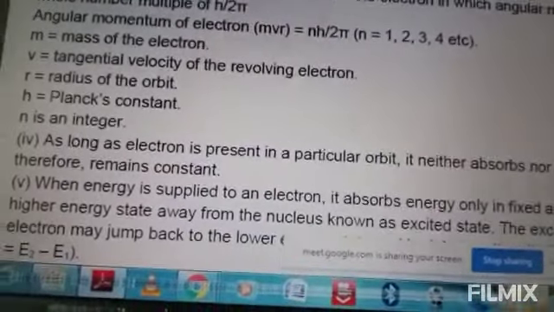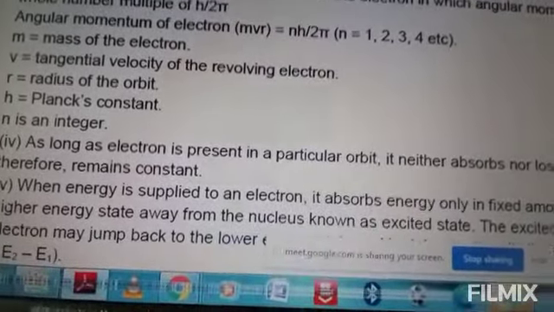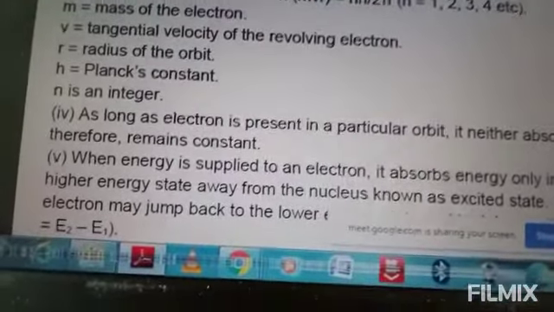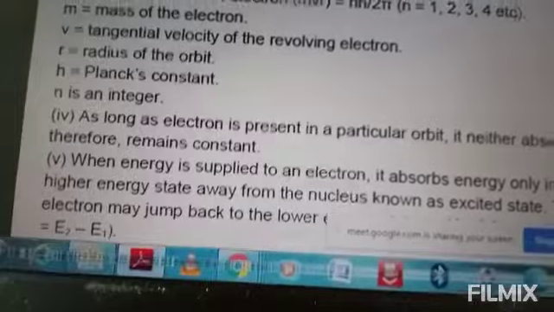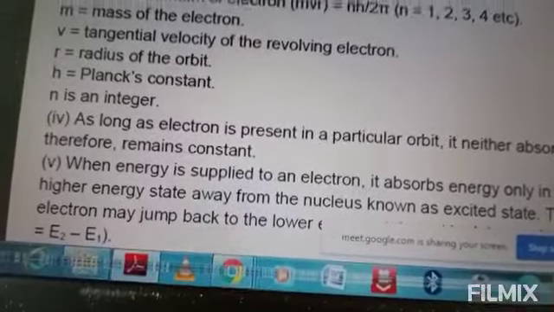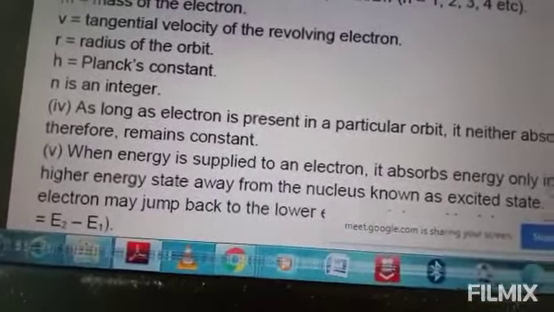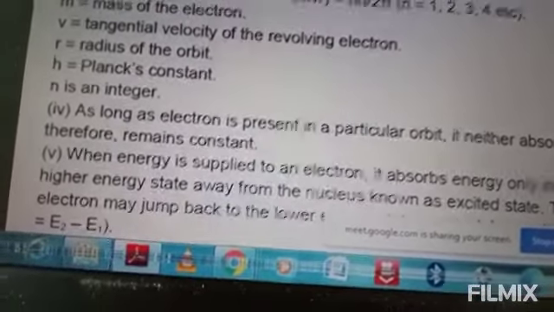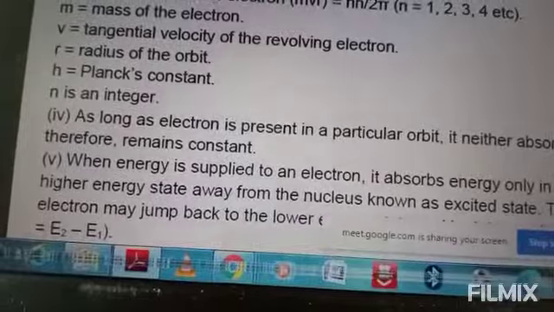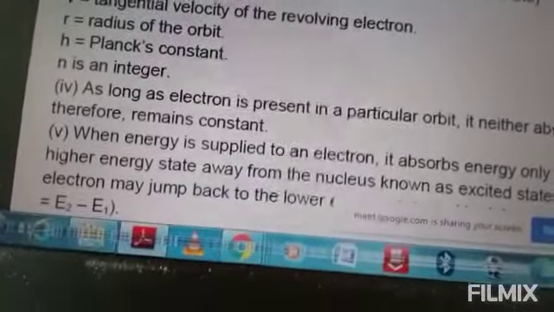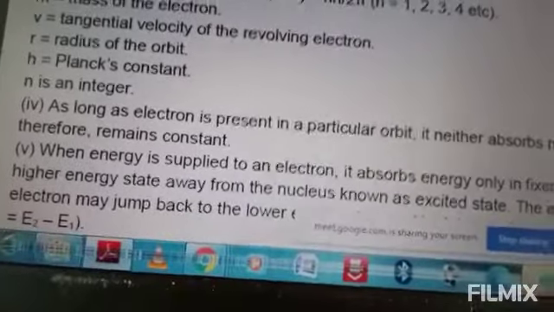And not only that, velocity also decreases with increasing principal quantum number. So if the electron lies in the first orbit or in the second orbit, and you compare the velocity, then the velocity in the second orbit will be lower as compared to the velocity of the electron in the first orbit. So these are the conclusions.